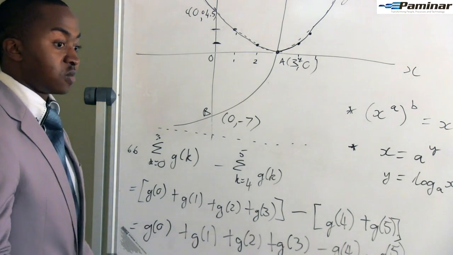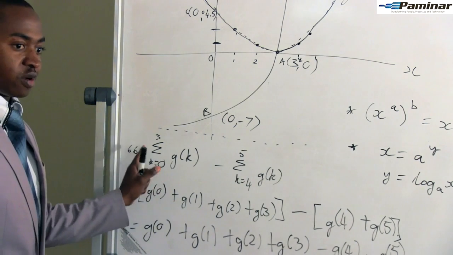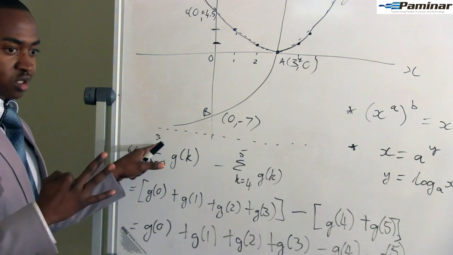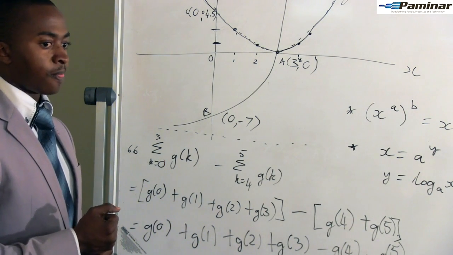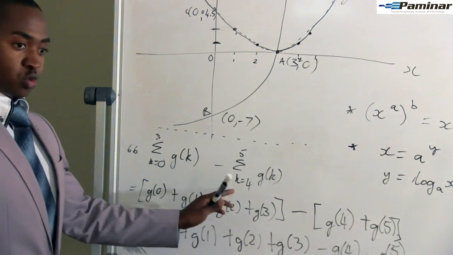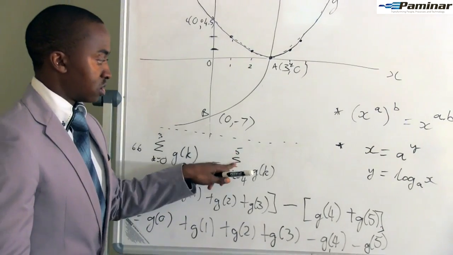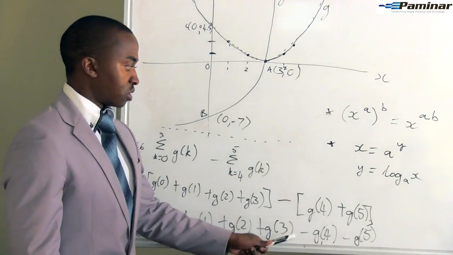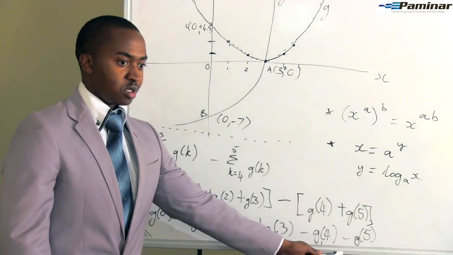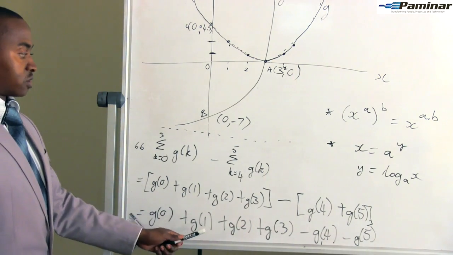It comes out as 4 terms. This doesn't indicate whatsoever that you should be getting 3 terms. Make sense? Okay. So even here, you count from k is equal to 4, then k is equal to 5. So that's why we've just got 2 terms there. So don't get confused.